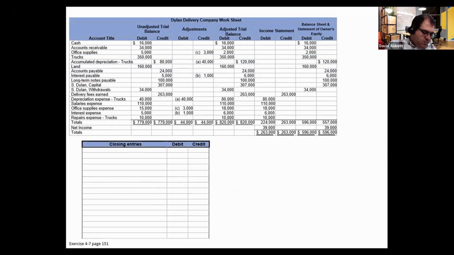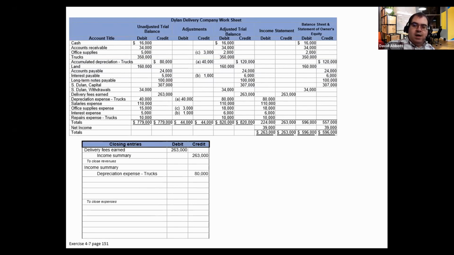And then we need to record our closing entries. Because initially it was a credit, we'll go ahead and debit it. So the delivery fees earned $263,000, and then we'll credit our income summary account $263,000.